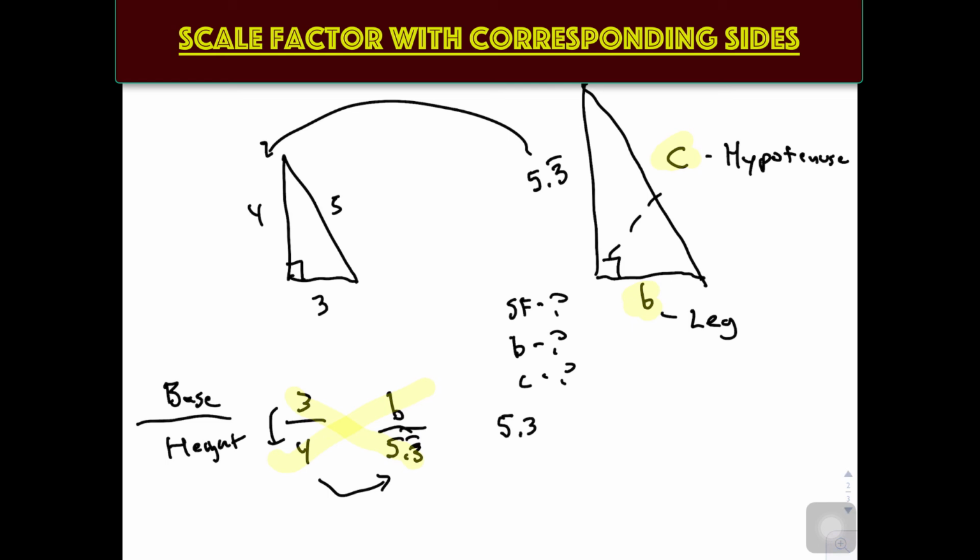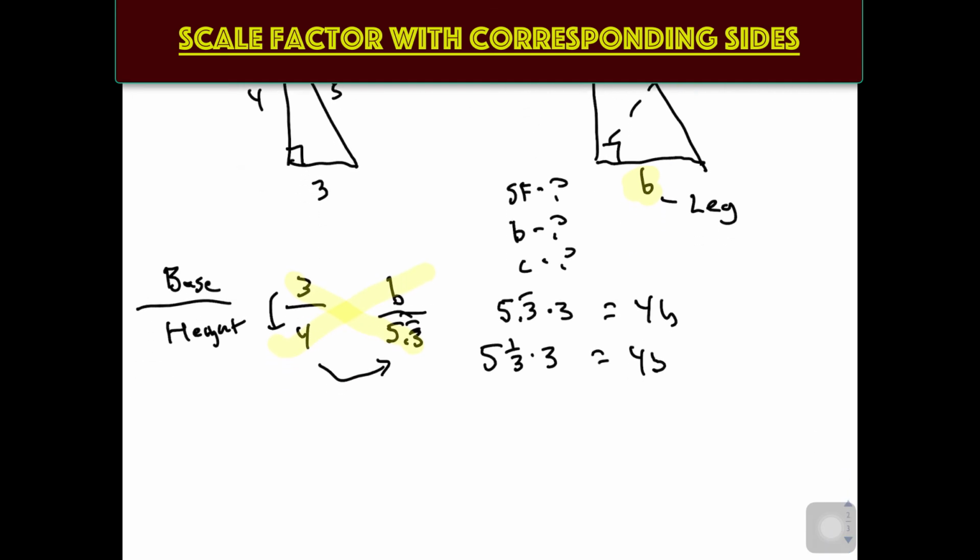We got 5.3 repeating times 3, or as a fraction 5 1/3 times 3, and on the other side equals 4 times B. Well, after I do a little multiplication, I realize that 5 1/3 times 3 is actually 16, equals 4B. Divide by 4, B, the leg, the base, is 4.